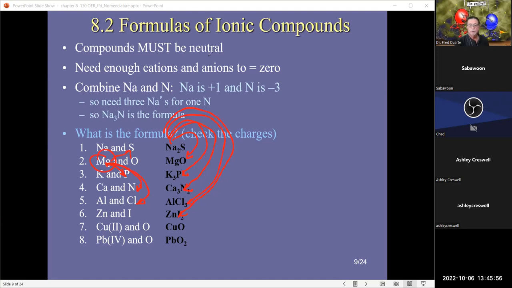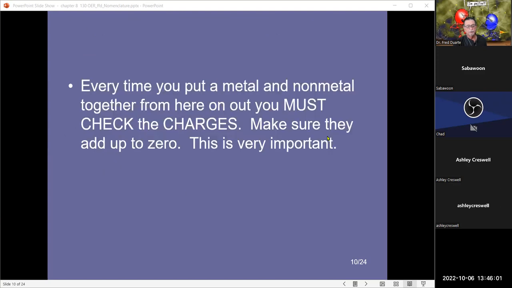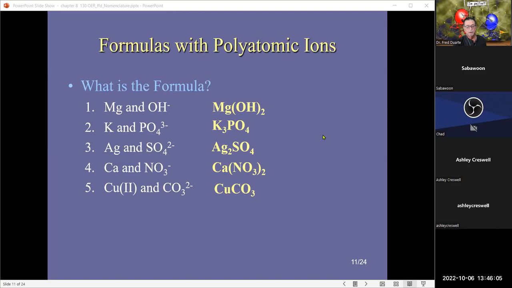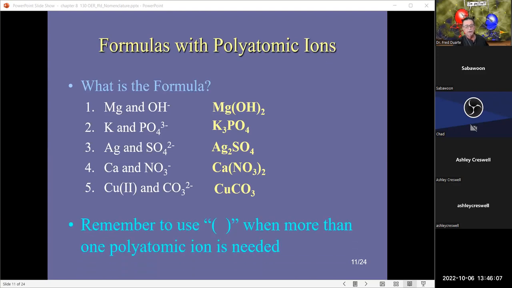Okay. You probably build up already a couple of hundred molecules already. Okay. The same is true with these. Okay. You can easily say magnesium phosphate, magnesium sulfate, magnesium nitrate, magnesium carbonate. Okay.